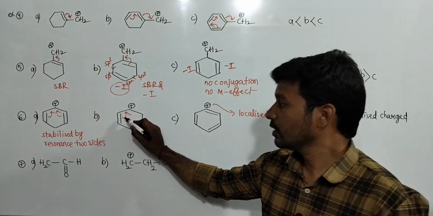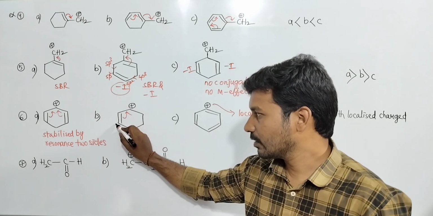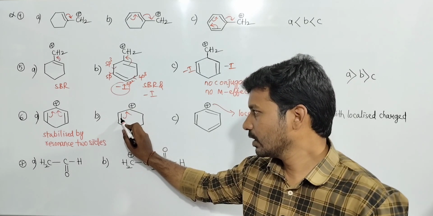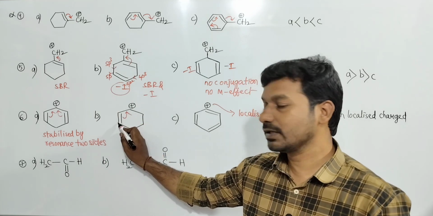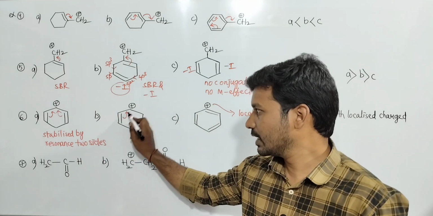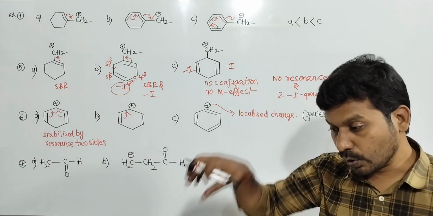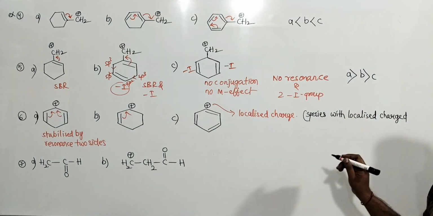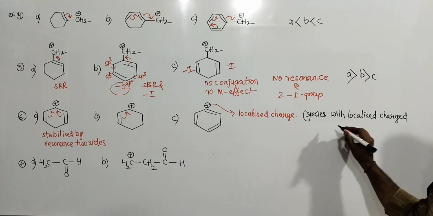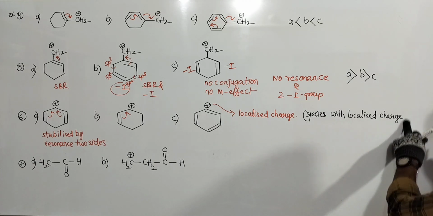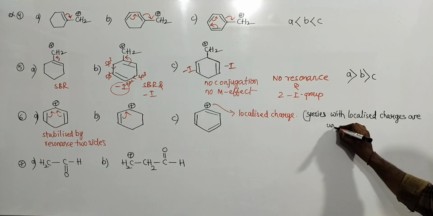This is localized, meaning it does not move anywhere. Delocalization possible means, by the shift of this double bond here, the positive charge comes here. This carbon becomes positive and this double bond moves towards here. The double bond is delocalized here. If the double bond does not move anywhere, the double bond is localized. Localized charges are unstable. Species with localized charges are unstable, remember this point.